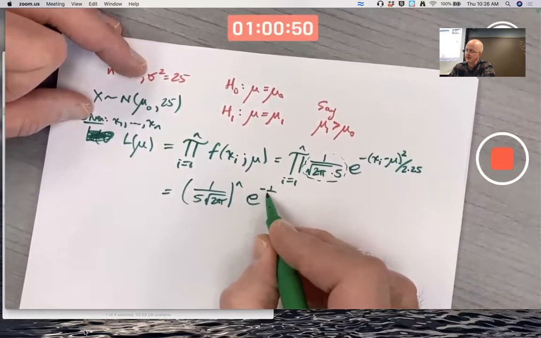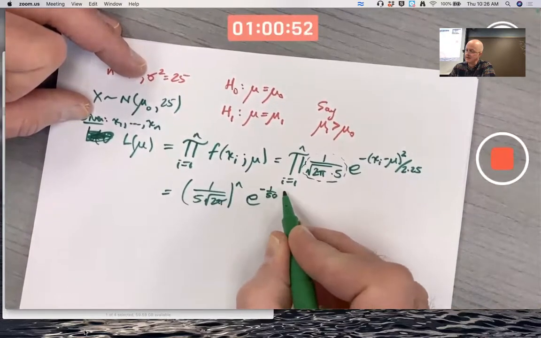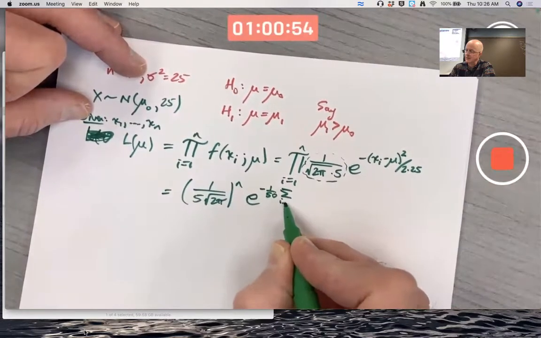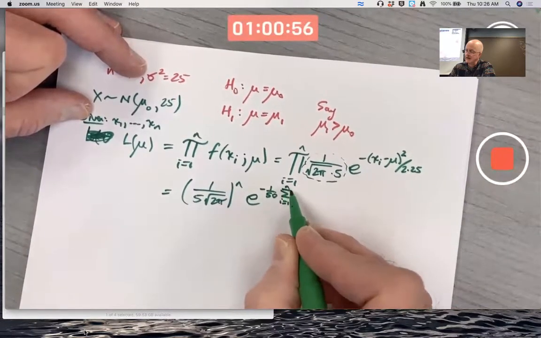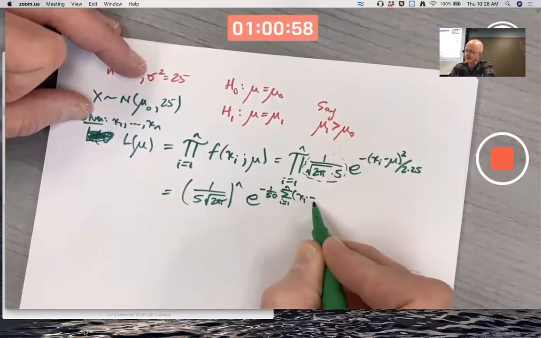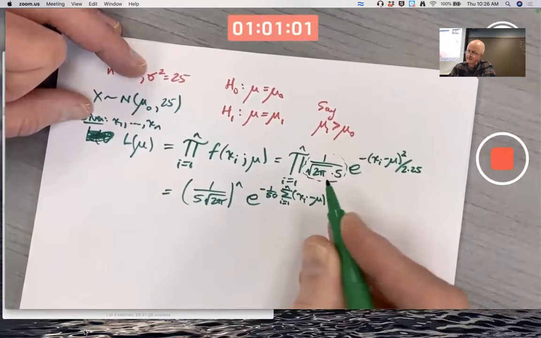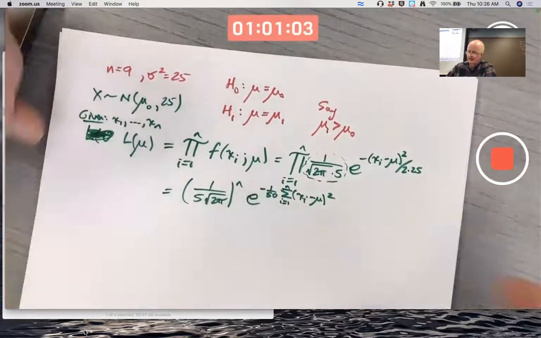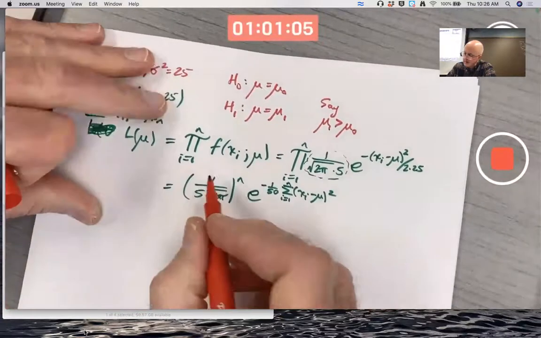If you think about it carefully enough, it's negative 1 over 50 times the summation, i goes from 1 to n, of xi minus mu squared.